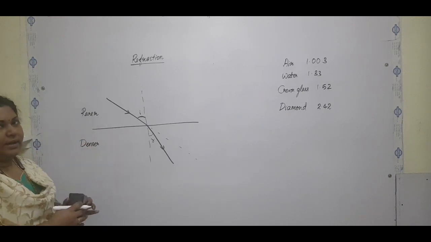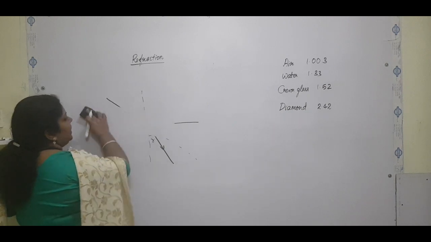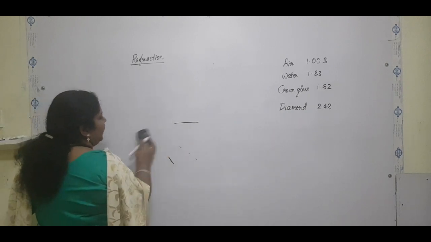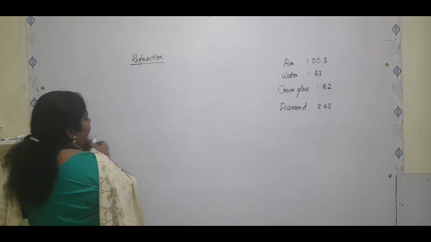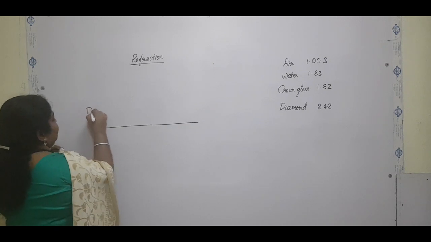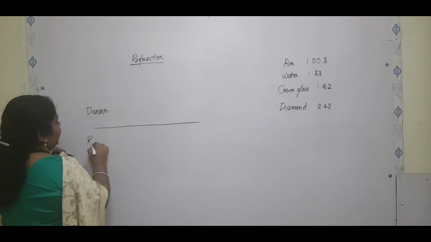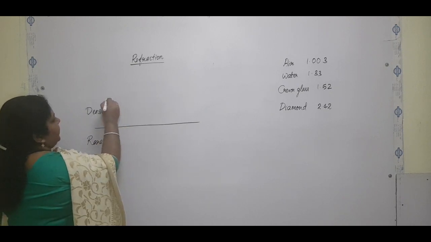Now just think that the reverse happens. So now we are going to pass the light from a denser medium to a rarer medium. Here we are taking the denser medium, here a rarer medium, and the light ray.